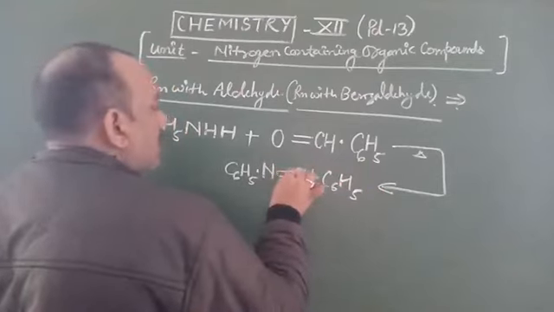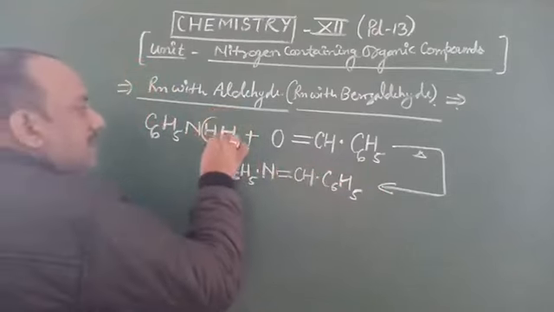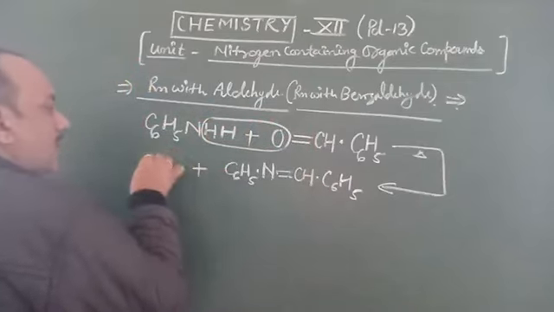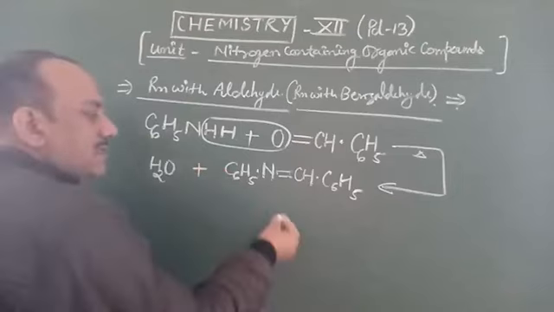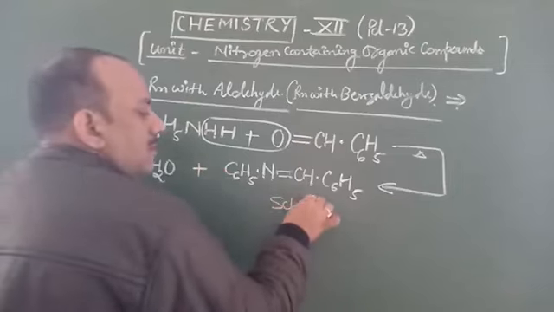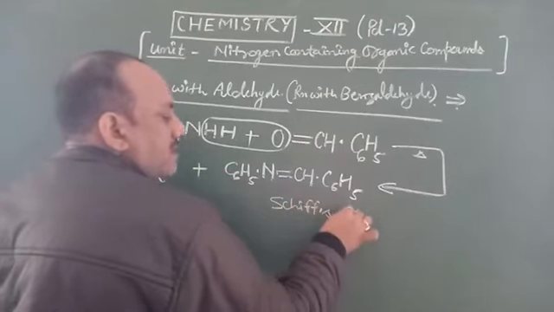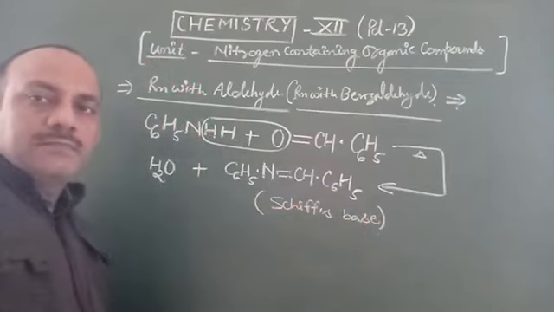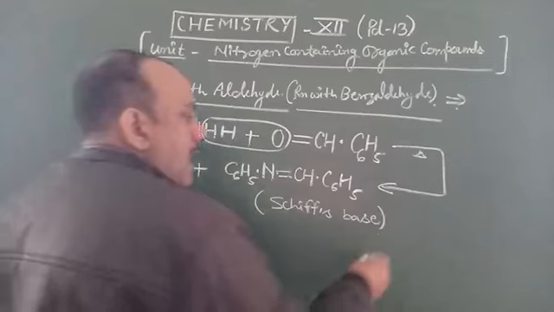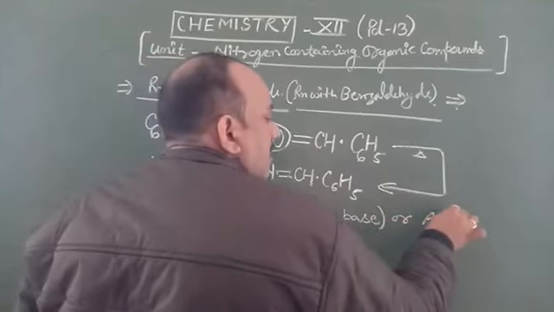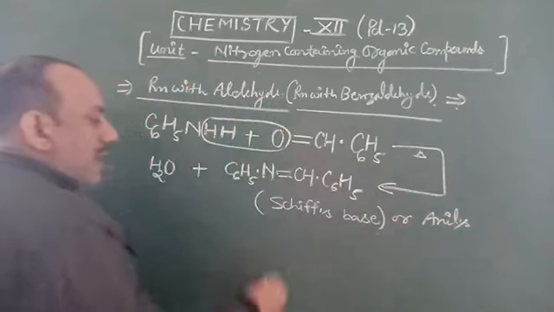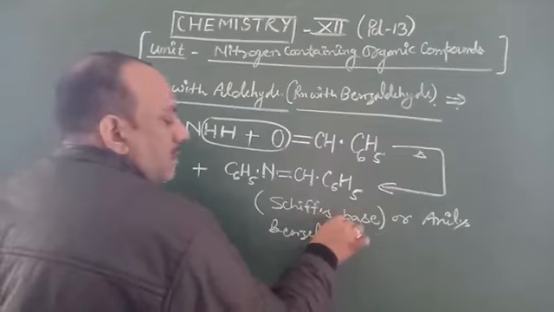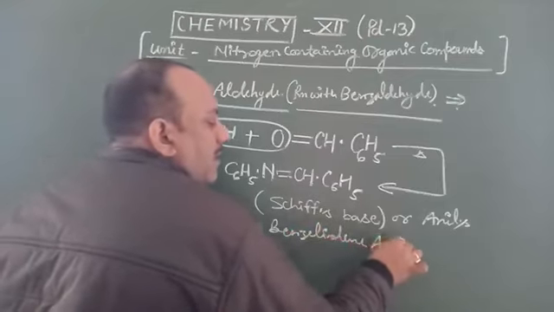It is also aided by the double bond because it subtracts a water molecule, H2O. This product is known as Schiff base, or imine, also known as benzylidene aniline.